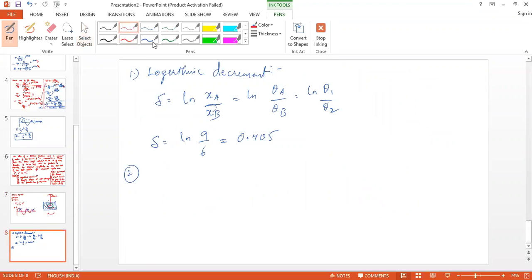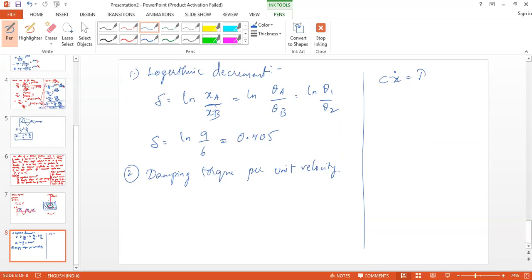Okay, second one, we need to find out the damping torque. What is this damping torque? Damping torque per unit velocity. For this, we need to go back to the previous class slide. C is the damping coefficient. Cx dot is the damping force.